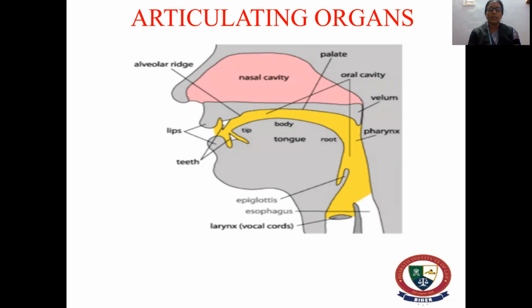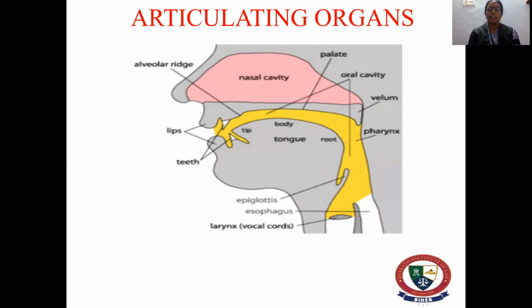If you have listened to this lecture carefully, I have mentioned the nose in the production of speech sounds. People may wonder, we only breathe using our nose, we smell using our nose, generally we think in that way, but even in producing certain particular sounds, we use the nose.